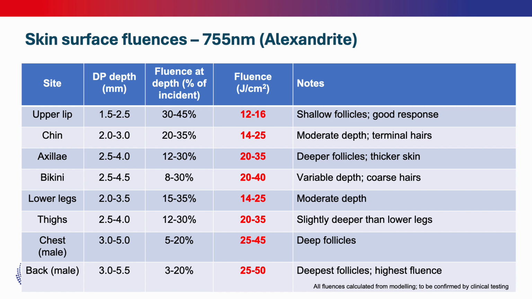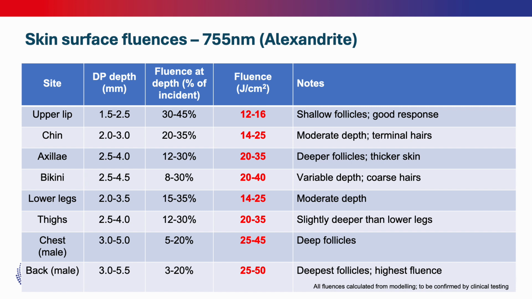And therefore the fluence we need to fire at the skin surface to ensure an omega of 4.6 is between 12 and 16 joules per square centimetre. Now, these are relatively shallow follicles, so they're quite easy to reach. So you should always get a good response. This is with the Alexandrite 755 nanometer wavelength.